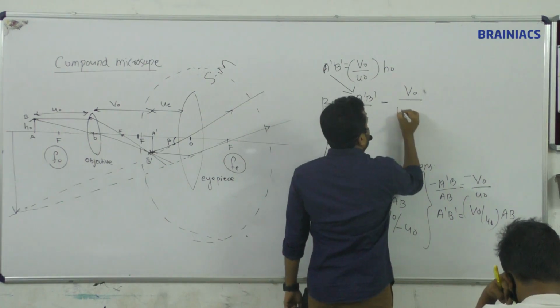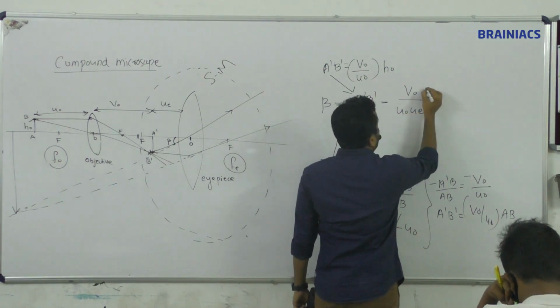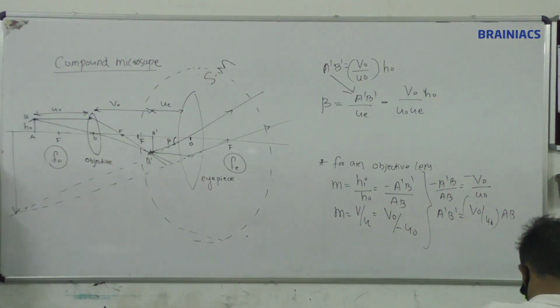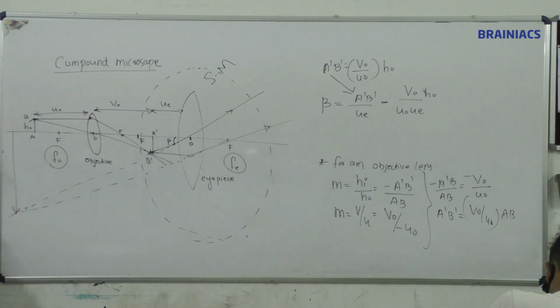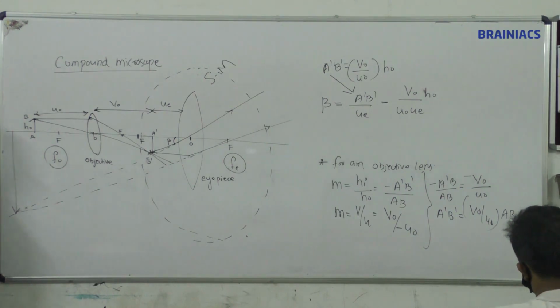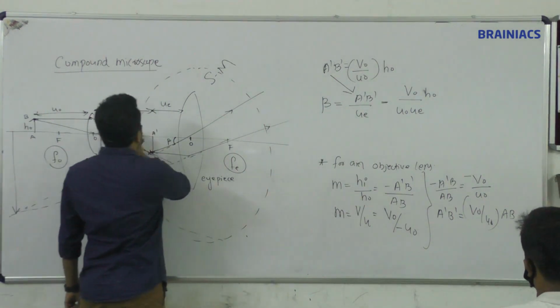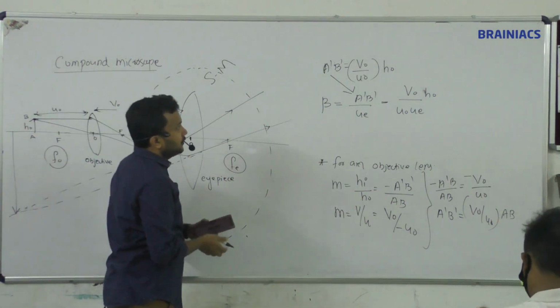V0 divided by U0 UE into H naught. Okay, let me keep this some more time. So this is clear, right?